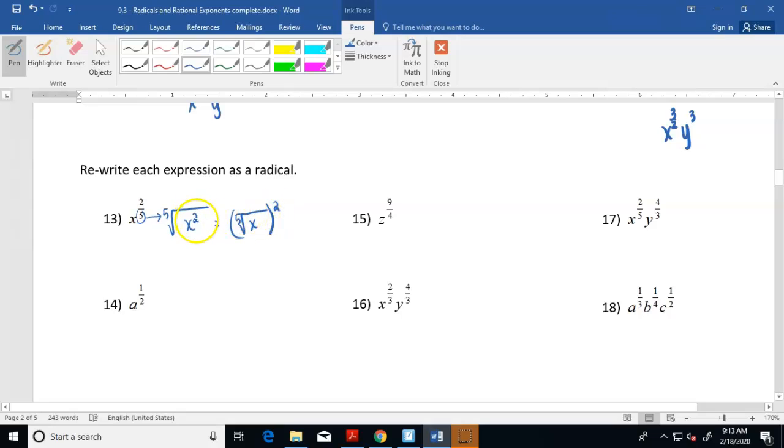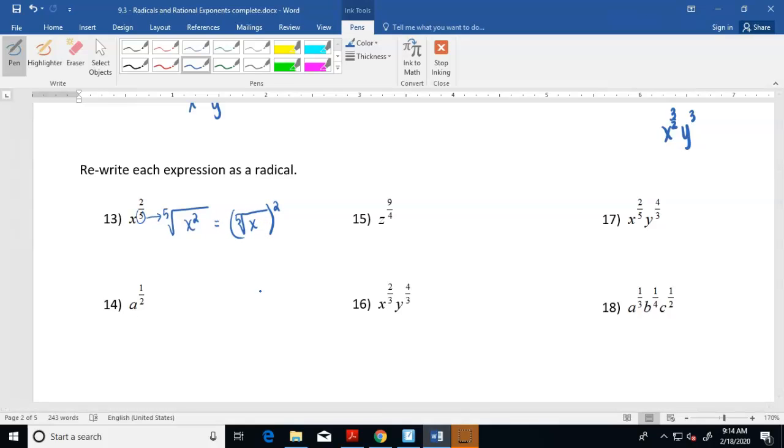Sometimes you'll see the square on the inside. Sometimes they'll put the square on the outside and square the whole thing. Either one is the same. So if you see either one, it could be correct. So if this is your answer, but it's not there as an answer choice, it might be this one instead. Okay, so those are equivalent.